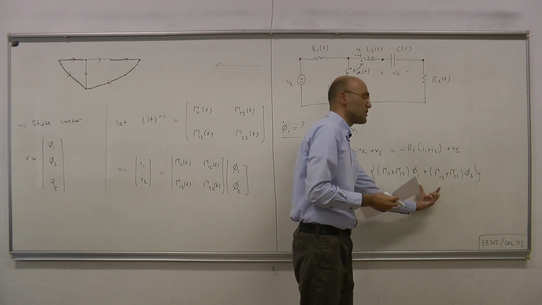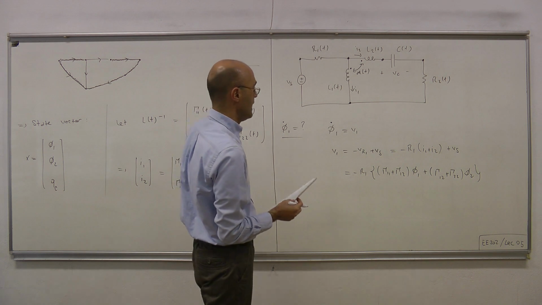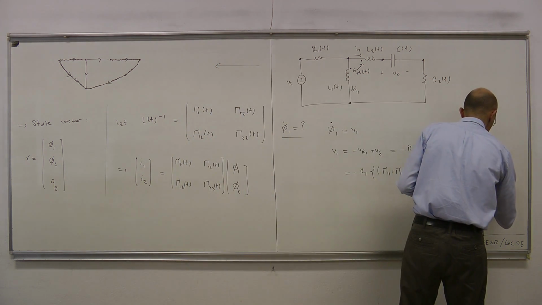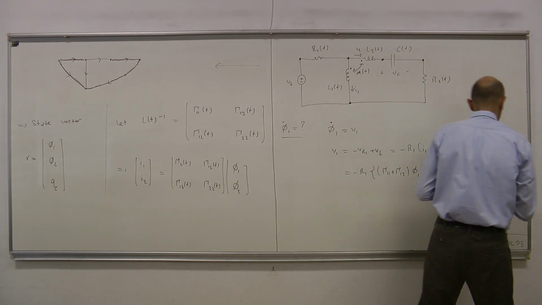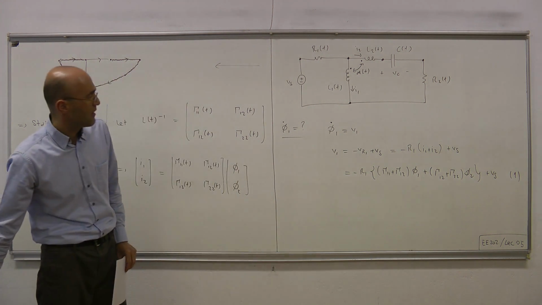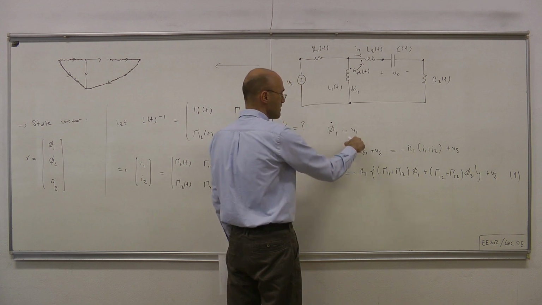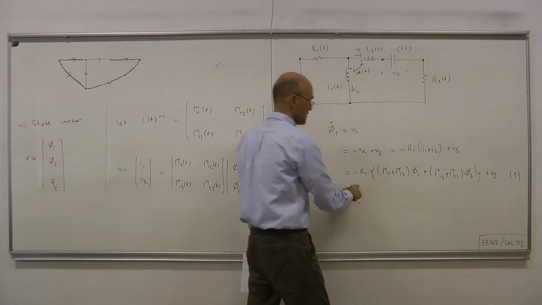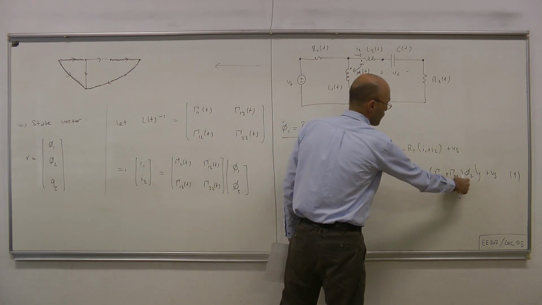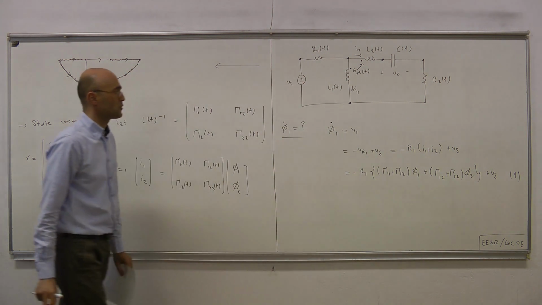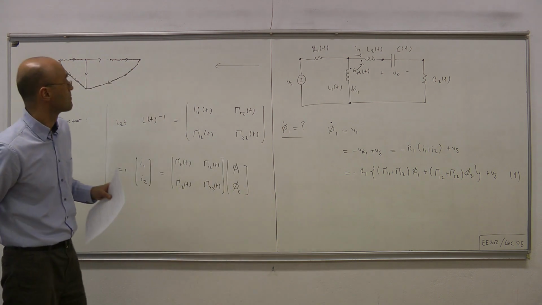Okay, this whole thing is I1 plus I2, which we obtain from this matrix equation. And what else? Plus Vs. Okay, so let's call this equation 1. So what we have obtained, therefore, is phi1 dot equals V1, V1 equals that equals this. And this equation is in nice form because it's only in terms of our formulation variables. Okay, so let's do the same thing for phi2 dot.